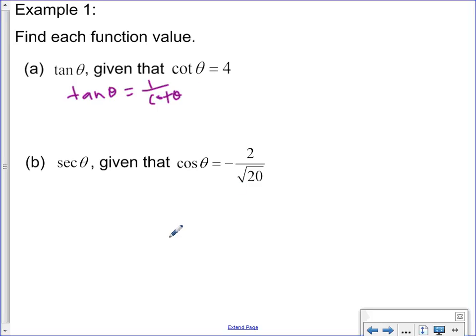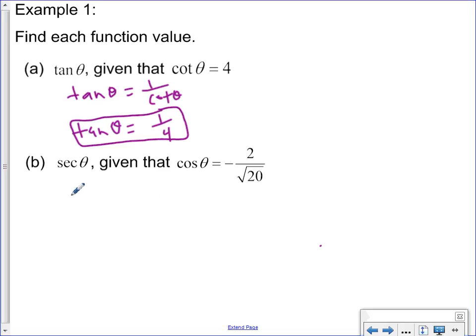We know the cotan is 4, that means tan, in this case, will be 1 over 4. It's done. That's the reciprocal. That's why the property works.